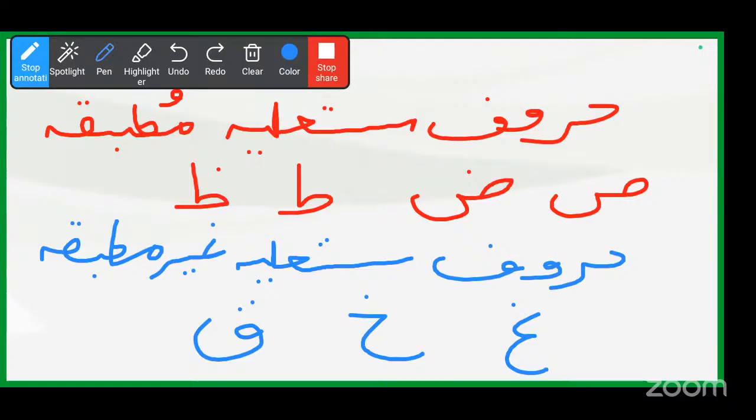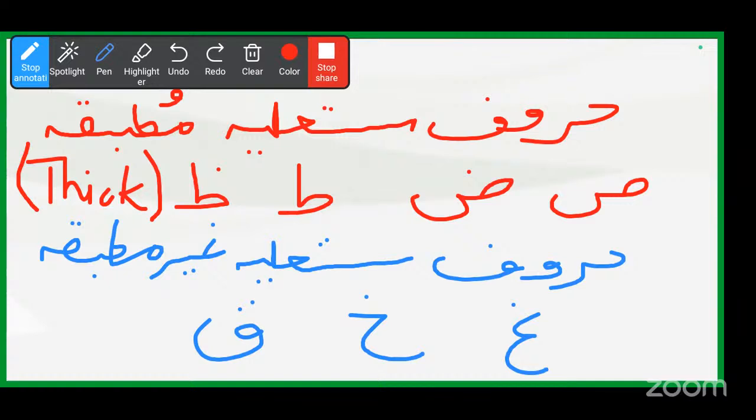When you say a letter مطبقة, you pronounce it with the full mouth and your tongue goes thick. So the first type, huruf mutbiqa, is full mouth with thickness of the tongue, these four. You make your tongue thick: ba, ba, ba.